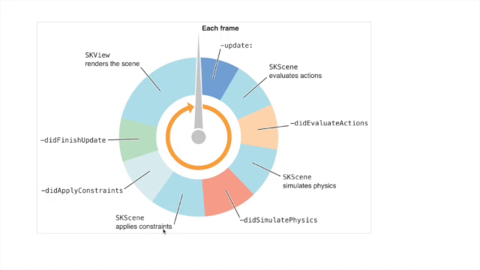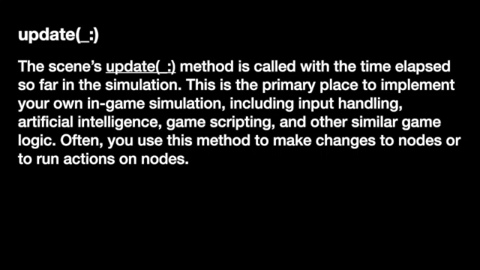So let us discuss what the update function is. The scene update method is called with the time lapsed so far in the simulation. This is the primary place to implement your own in-game simulation, including input handling, artificial intelligence, game scripting, and other similar game logic. Often you use this method to make changes to nodes or run actions on nodes.